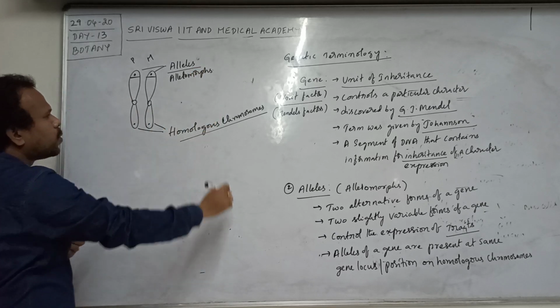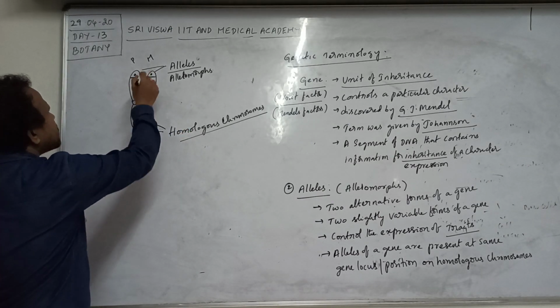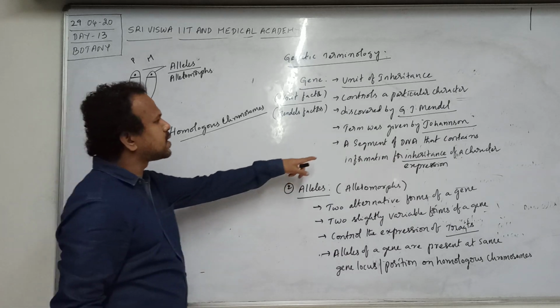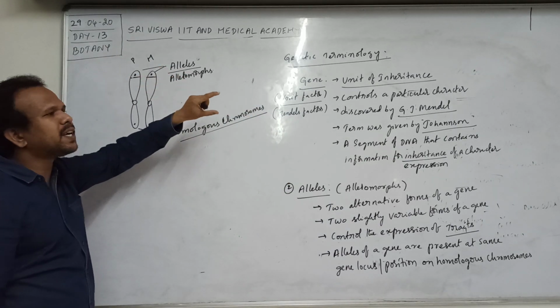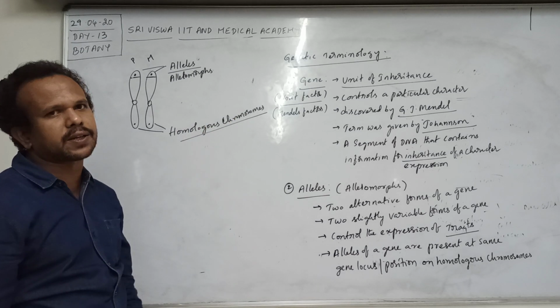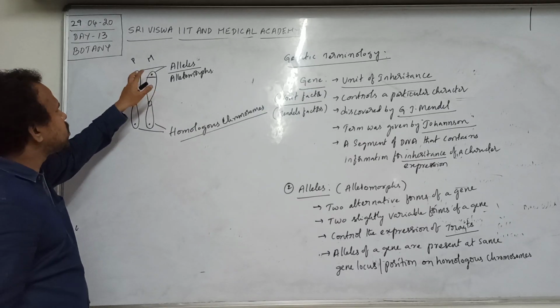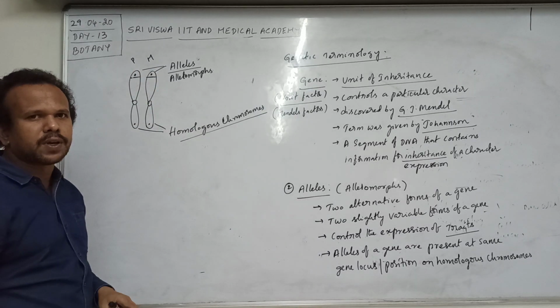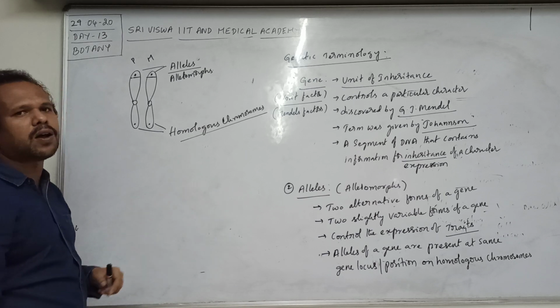These two are homologous chromosomes. This region represents a gene. A gene is simply a segment of DNA, a segment of the chromosome that controls the inheritance and expression of a character. This part of the gene has two alternative forms. Two alternative forms of a gene are called alleles.